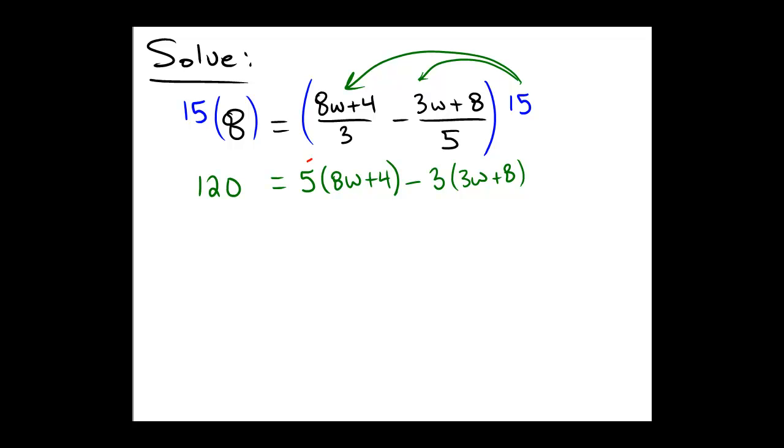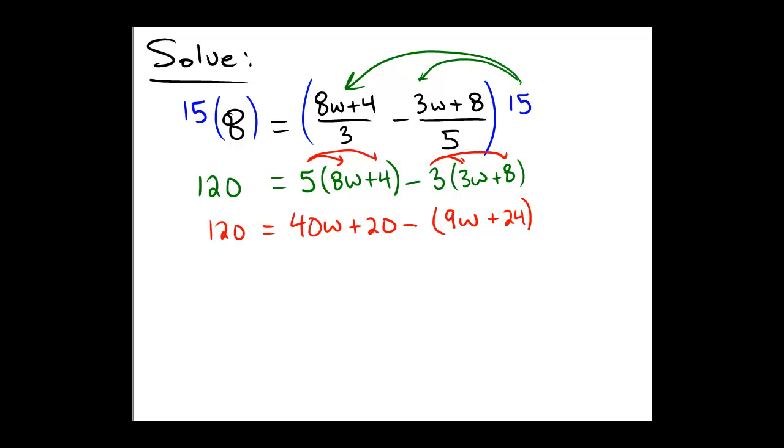In the next stage, we'll use some distributive properties, and we would have 120 equals 5 times 8w is 40w, 5 times 4 is 20, and that's being added, minus 3 times 3w is 9w, and 3 times 8 is 24, and that's being added.